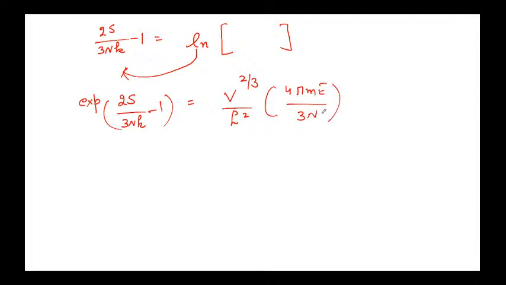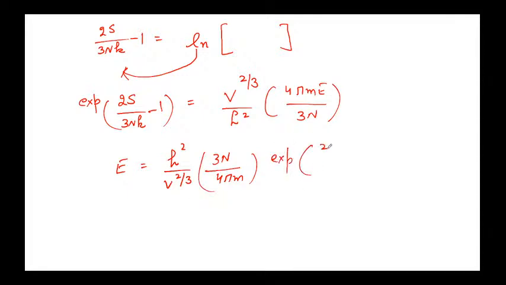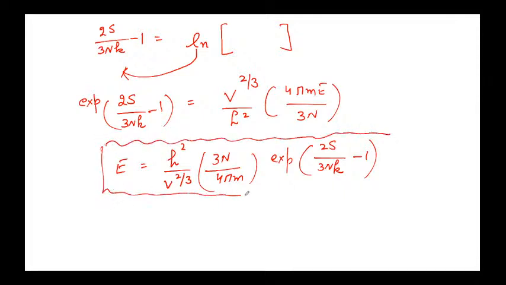So from this, the energy comes out to be h squared over V to the power 2 by 3, times 3n over 4 pi m, times the exponential of 2S over 3nk minus 1.